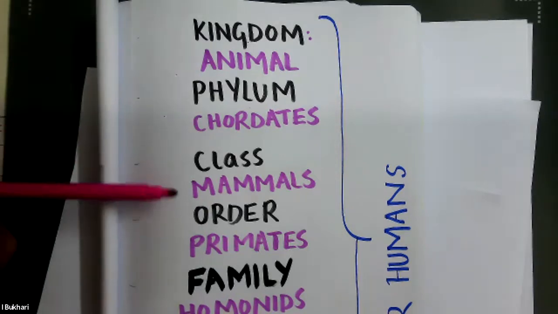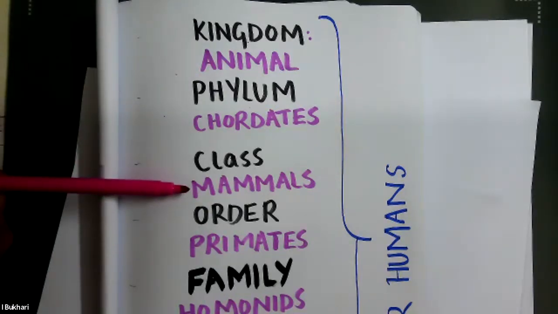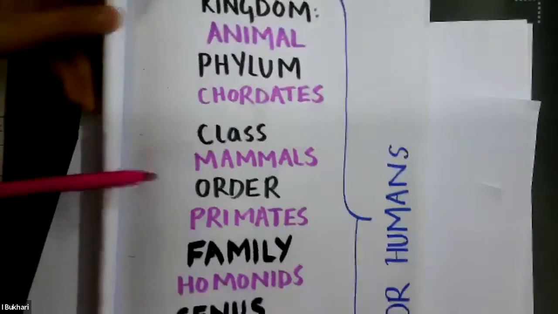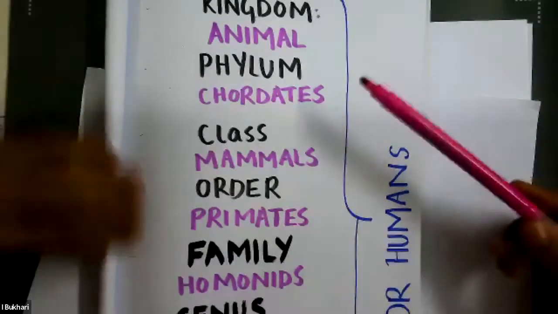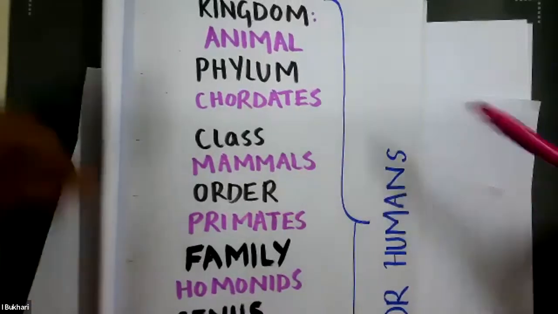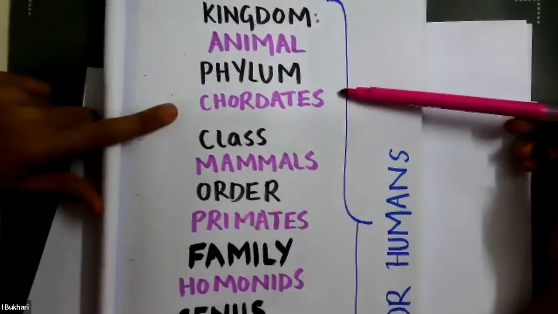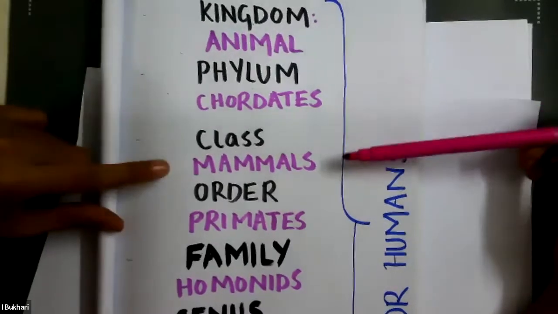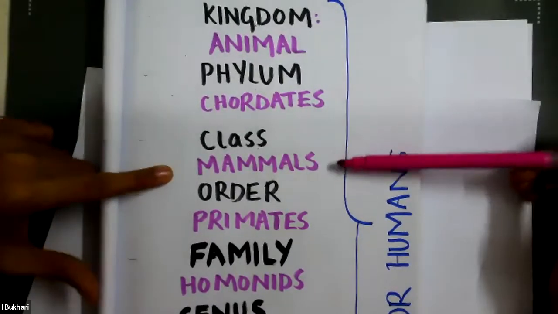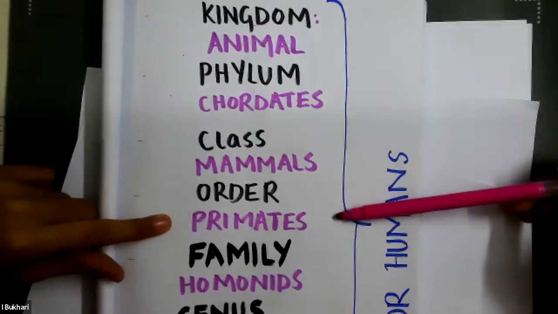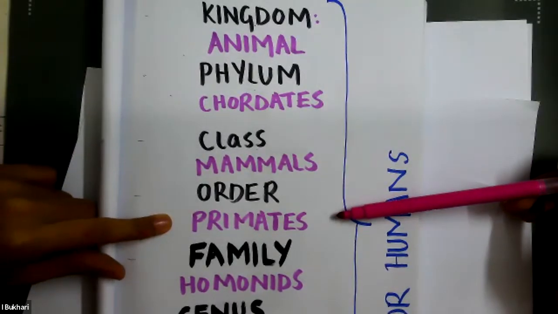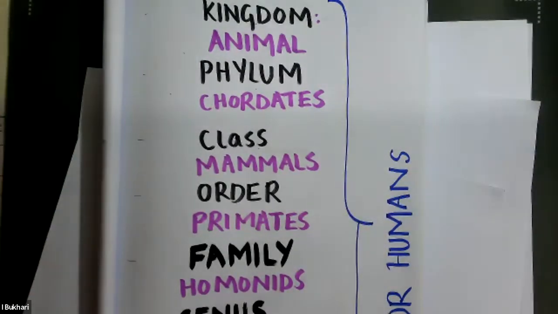And then some of them are mammals, others are birds, others are fishes, and so you can see that we're getting specific. Over here we're talking about humans. First we said humans were just animals. Then we talked about them having backbones. Then we said that they are mammals. And then we said they're primates, which means they feed on plants and meat.